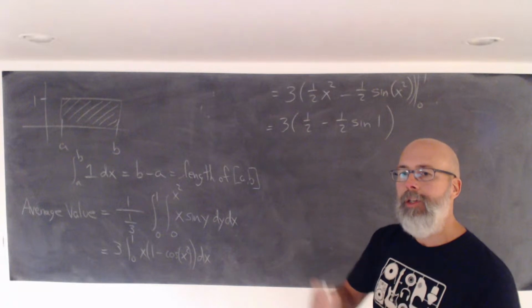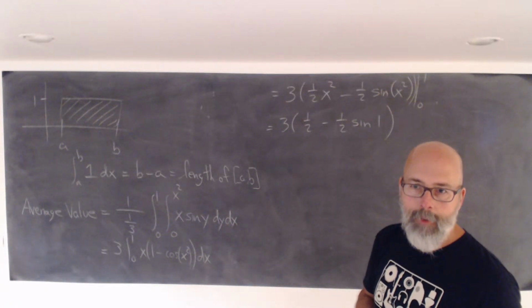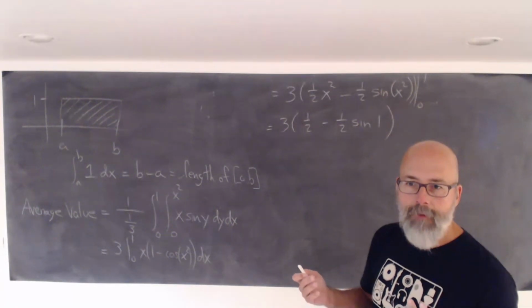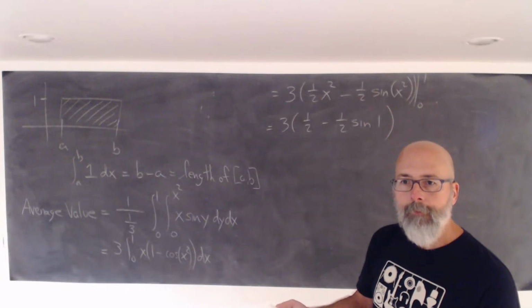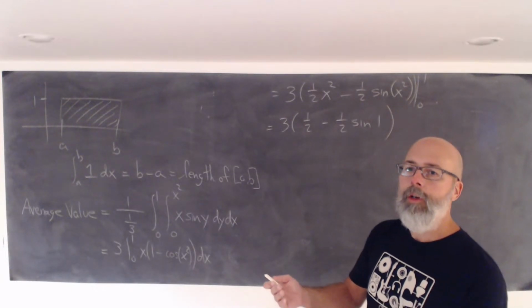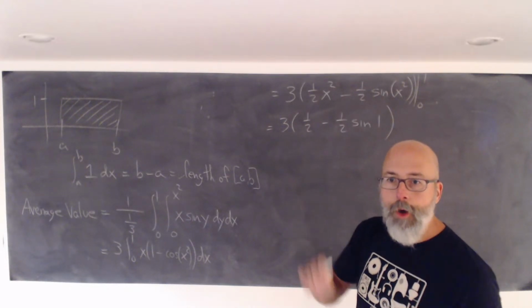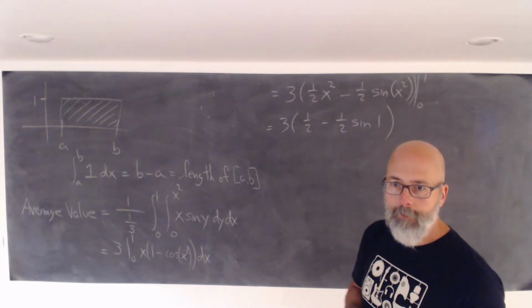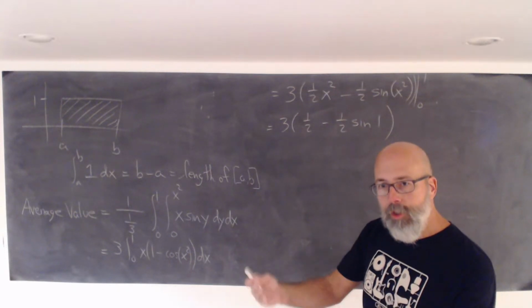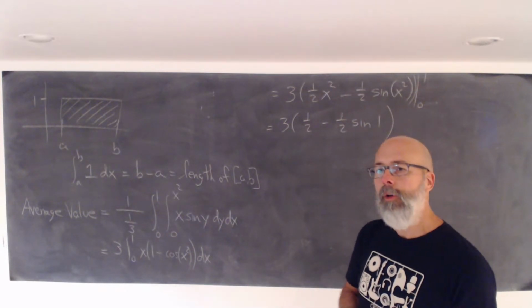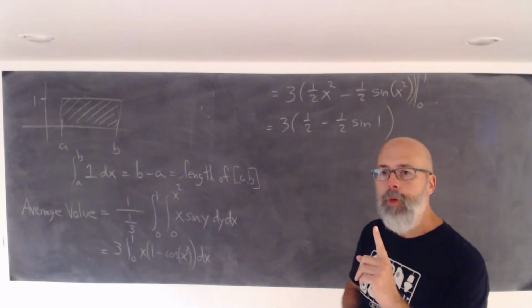And this idea is going to extend to higher dimensions. To set up a volume, you could set it up as a double integral, the volume underneath some function, or you could set it up as a triple integral where the integrand would be 1.